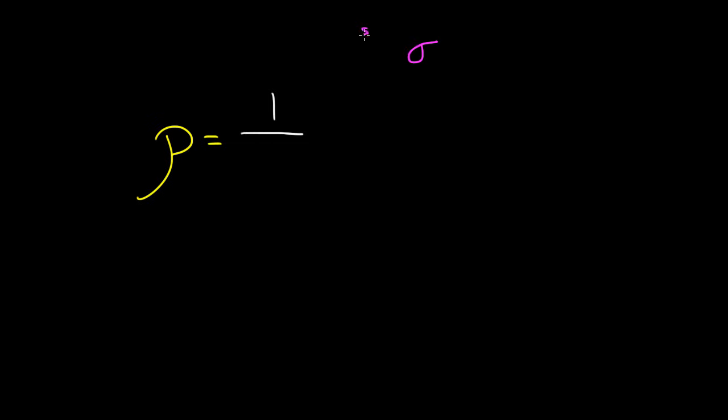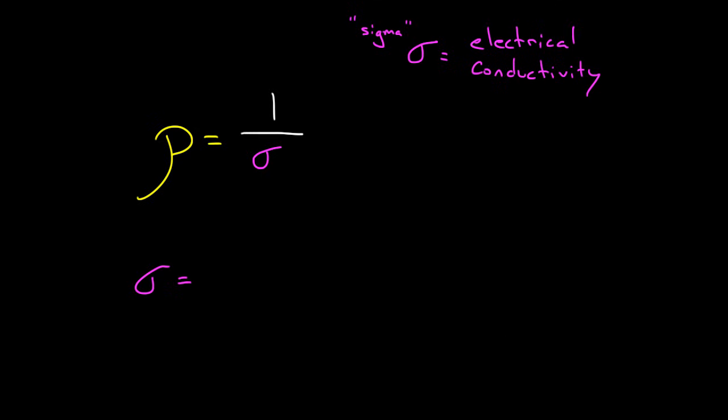And rho, the resistivity, is just 1 over sigma. And vice versa, sigma is just going to equal 1 over the resistivity, because if something's a great resistor, it's a bad conductor. And if something's a great conductor, it's a bad resistor. So these things are inversely proportional. They're like two peas in a pod. If you know one of these, you know the other.